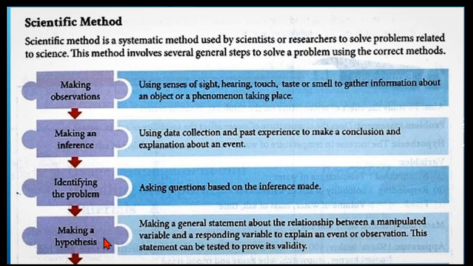Maksudnya ini adalah ramalan lah. Kamu ramal apa kamu punya result kamu punya eksperimen itu. Okay, so di sini untuk buat hypothesis, you just make a statement of relationship between manipulated variable and responding variable. Manipulated variable adalah pemboleh ubah dimanipulasi dengan responding variable, pemboleh ubah yang bergerak balas. Relationship between these two, itu adalah yang di dalam hipotesis kamu.